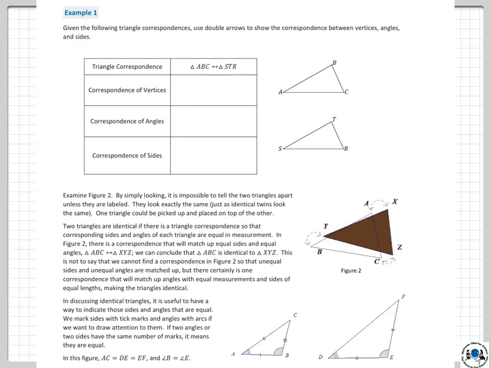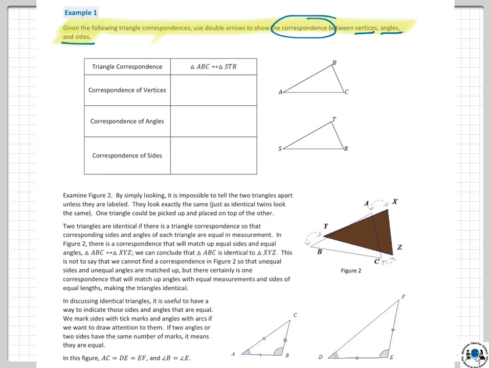Here we go. Here's example 1. Given the following triangle correspondences, use double arrows to show the correspondence between vertices, angles, and sides.